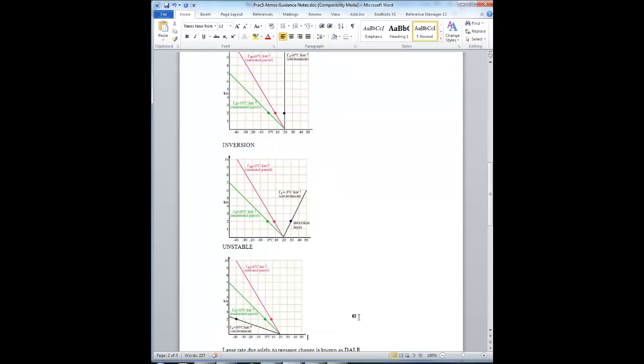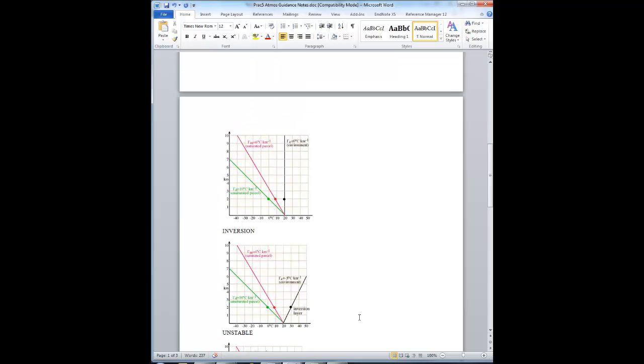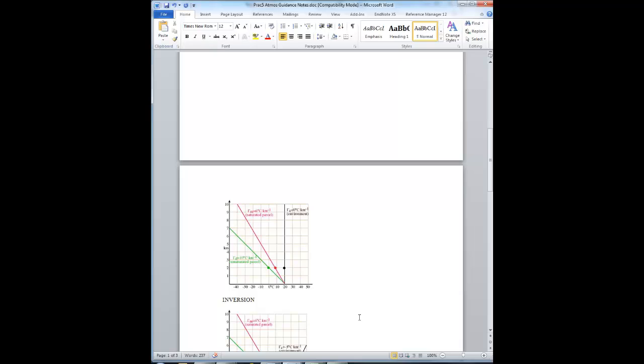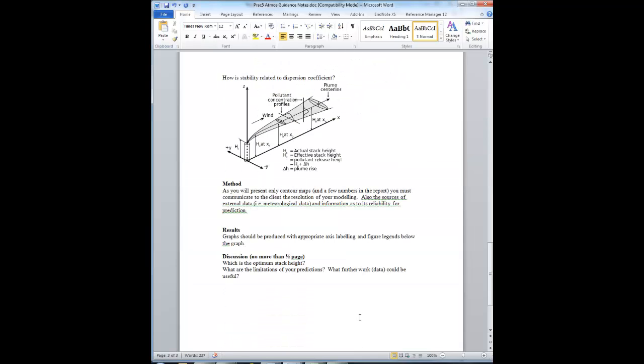These conditions, ranging from an inversion through stable to neutral to unstable, have been studied for a long time, and they've been categorized into 6 different categories of stability, known as Pasquill stability categories.